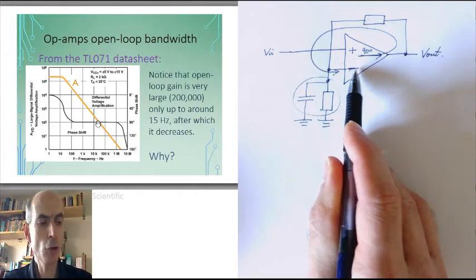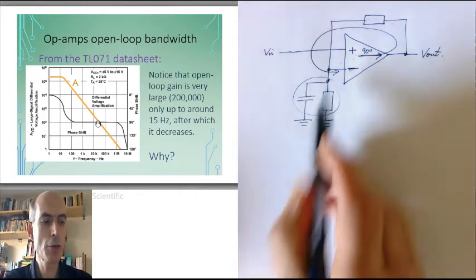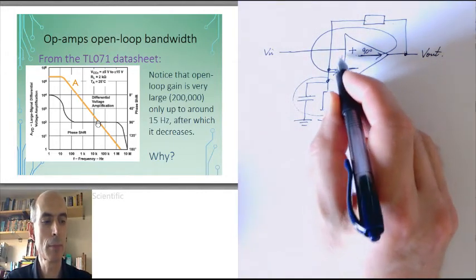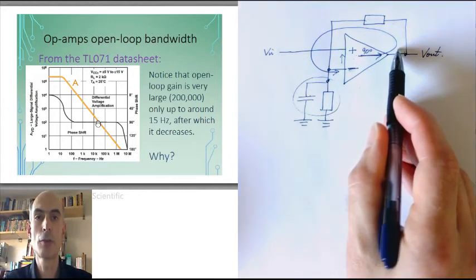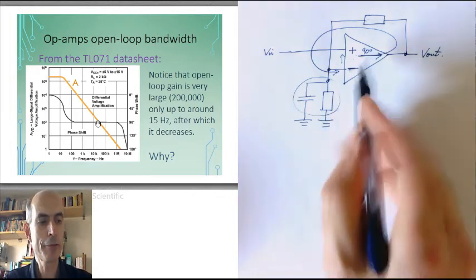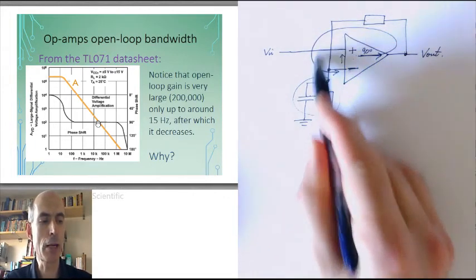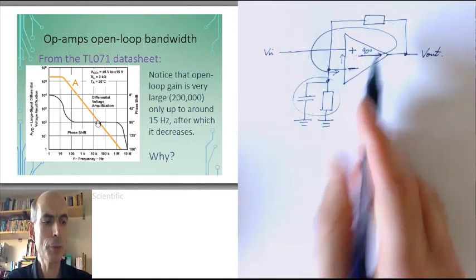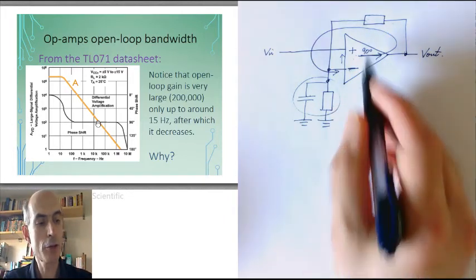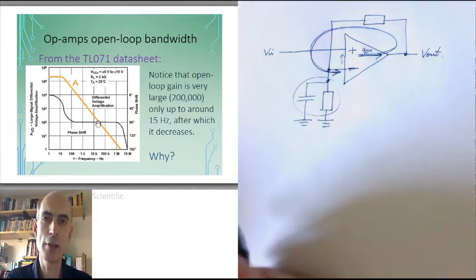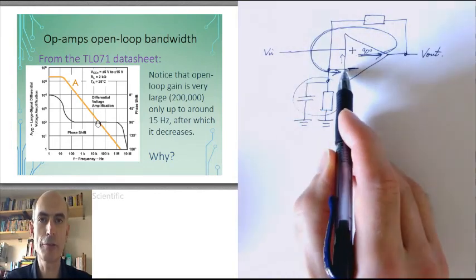Now, in order to get a stable amplifier, we need this to be negative feedback, so that an increase in VD causes the output to move to try and reduce that value of VD again. But if the phase difference around the feedback loop is too great, then that doesn't happen. The problem comes especially when the total phase change around the entire feedback loop ends up at 180 degrees. And if that happens, we no longer have negative feedback.